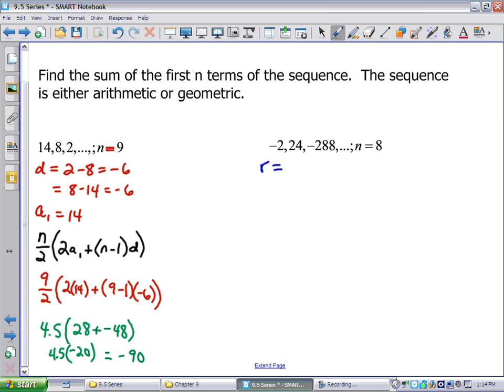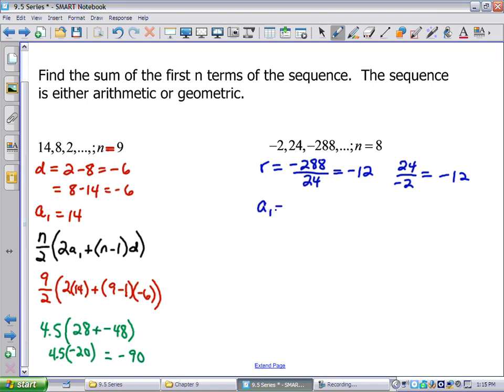Your common ratio is when you take your following term, which is negative 288, divided by your previous term, which is 24, or here it's negative 12. And if I did 24 and divide it by that negative 2, you would again get negative 12. So your r is negative 12.